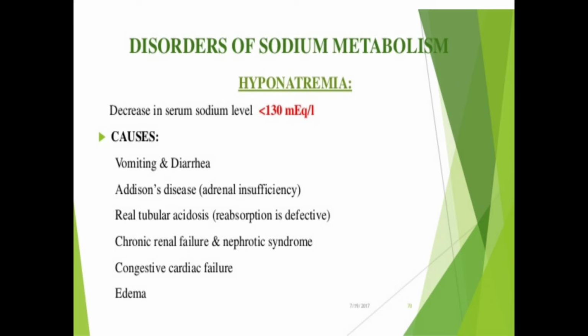It usually occurs during vomiting and diarrhea, and in Addison's disease, that is adrenal insufficiency. Aldosterone secretion is reduced here. Addison's disease is adrenocortical insufficiency.